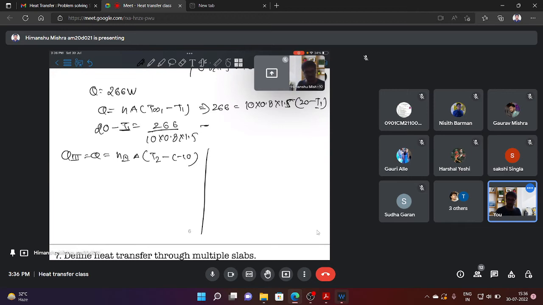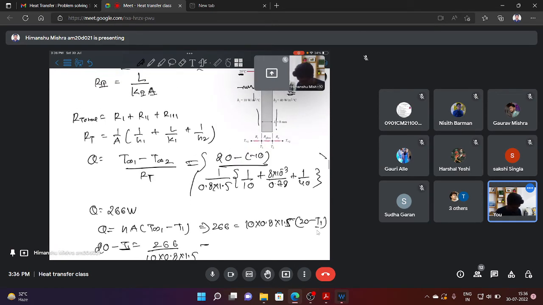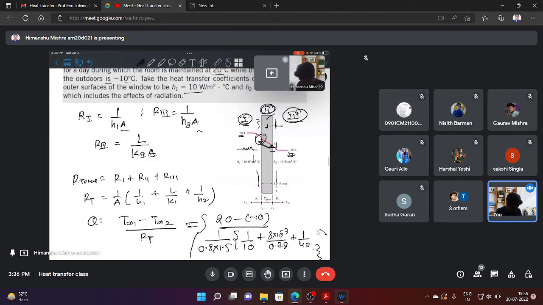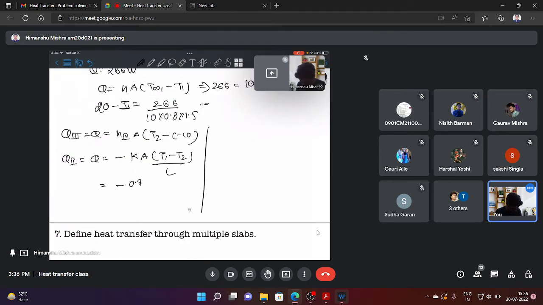We can define it like this, or K A times T1 minus T2 over L, where K is 0.78, multiplied by T1, which is the known quantity, and T2, which is to be found out, and L is my 10 to the power minus 3.